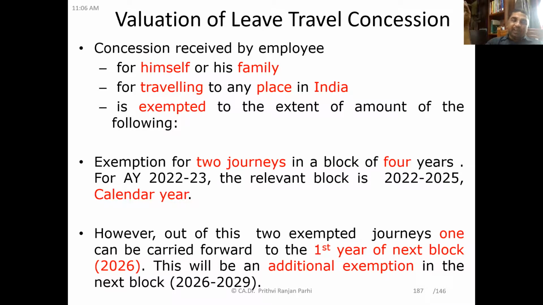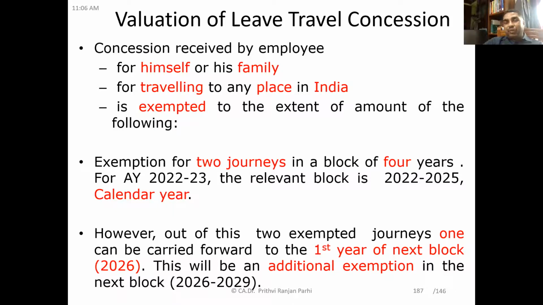One more concept. However, out of these 2 exempted journeys, one can be carried forward to the first year of the next block. For example, in the block 22, 23, 24, 25, you can travel twice, but suppose you could travel only once. Then in this block, you have traveled 1 journey, and 1 more journey can be carried forward to the next block. The next block is 26, 27, 28, 29.